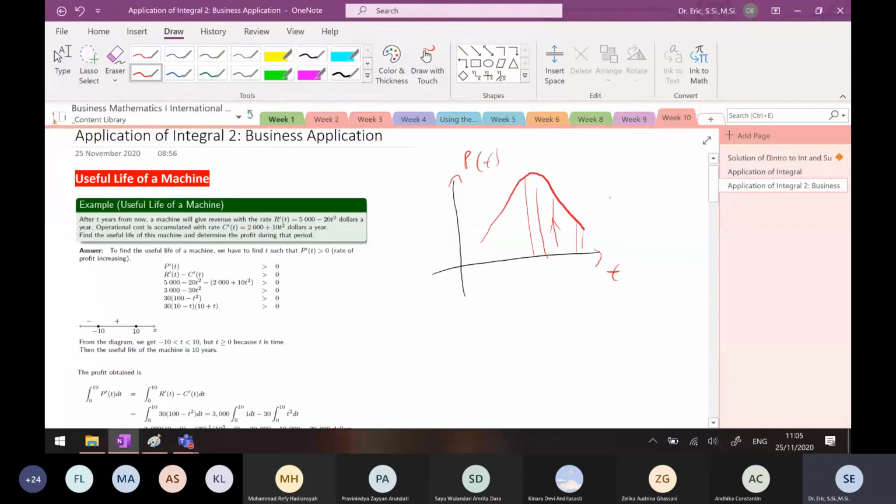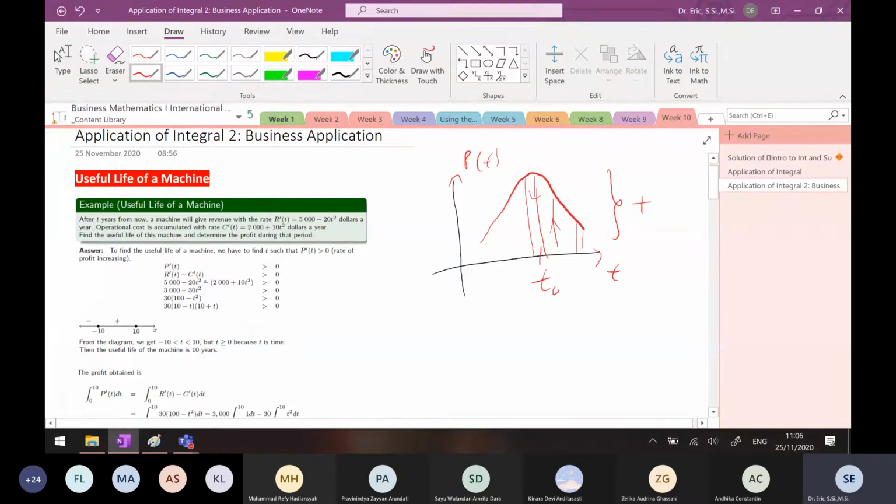But when the profit starts going down, although it is still positive, usually people change the machine. So that's what we usually call the useful life of a machine. When the profit goes down, although it is still profitable, it is usually time to change the machine.